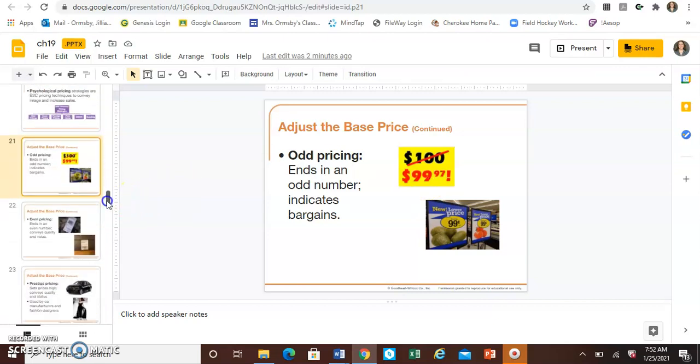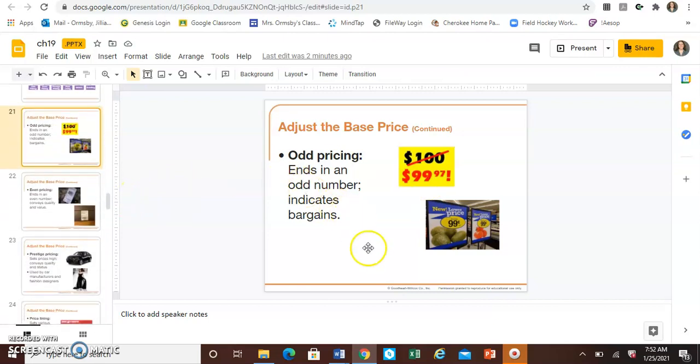That's why a lot of companies price things at $1.99 instead of $2, or $199 instead of $200. That can be very effective in getting people to buy something because they think they're getting a bargain.